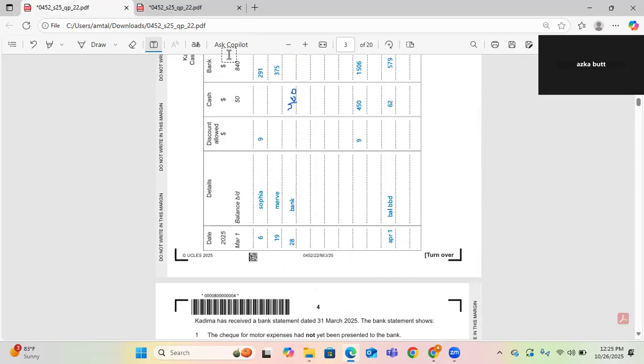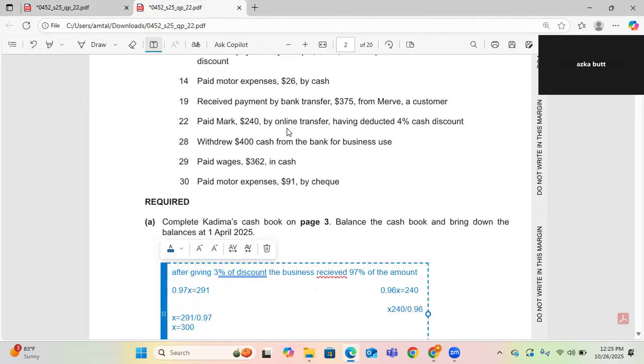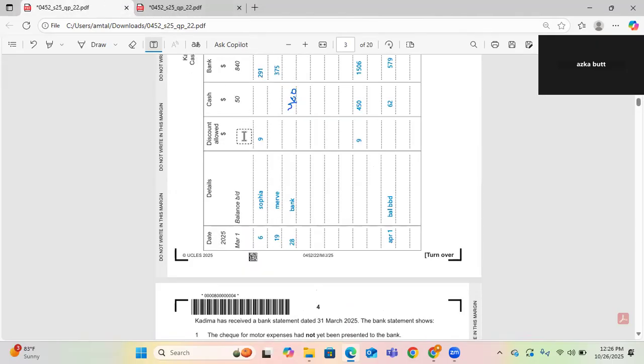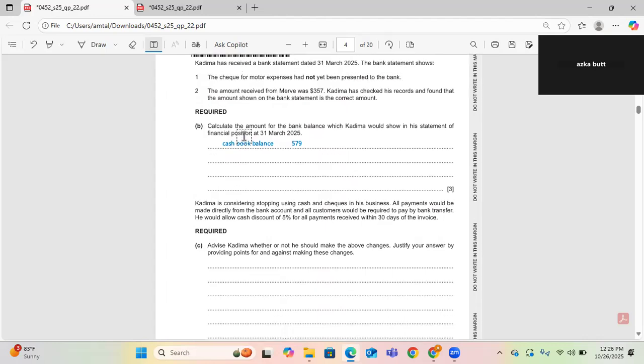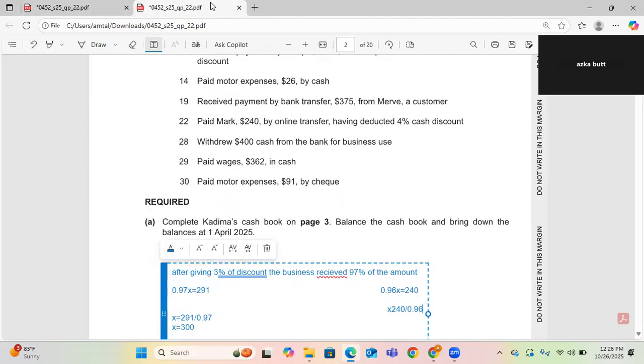And how much is it? One second. Let me see from here. Motor expenses. So the motor expenses is equal to $26.